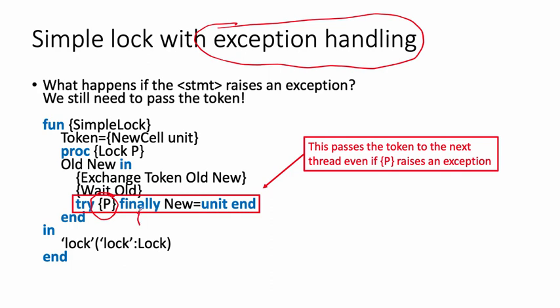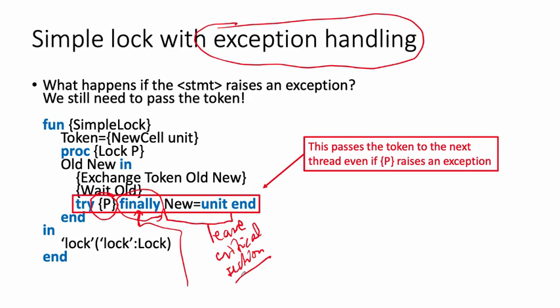Luckily, the try instruction can help us. Remember when we saw exceptions, we can do try finally. This means that this operation is done also when we raise an exception. It's done in the normal case and in the exception case. So we will leave the critical section also when we raise an exception. Okay? So this fixes the exception handling, but still it's not reentrant.